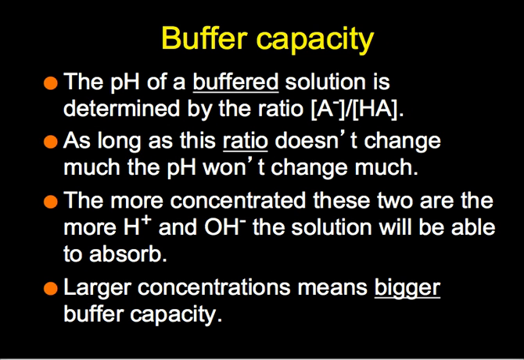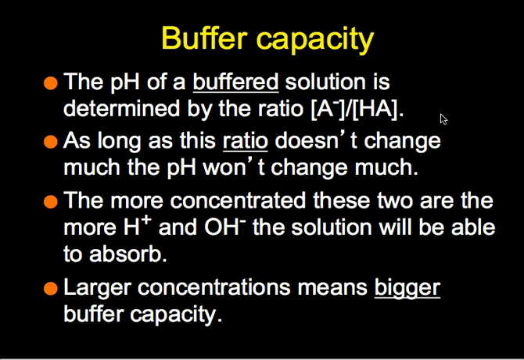A couple final points about buffers and buffering capacity. As you can imagine, you'll reach a point where you have used up all of the weak acid or its conjugate if you add too much acid or base to the system. And so the capacity of the buffer depends on how concentrated the solution is.